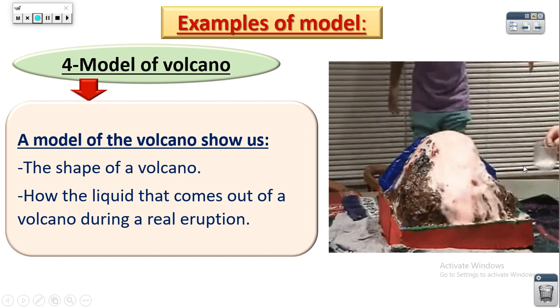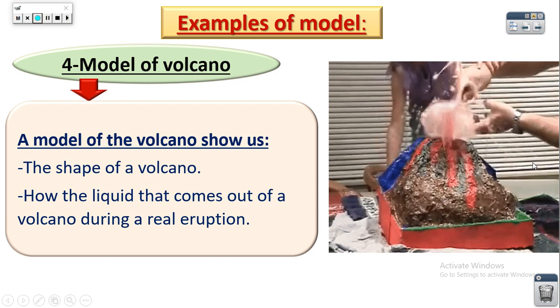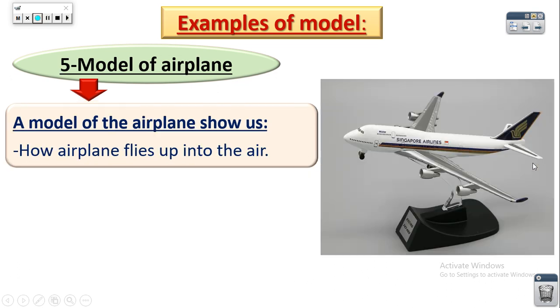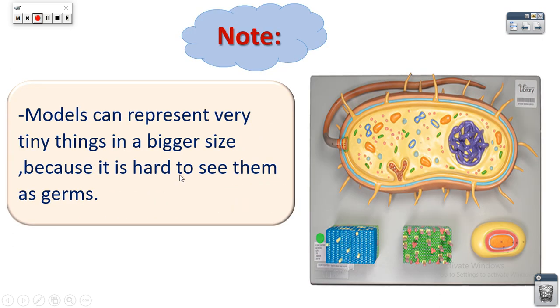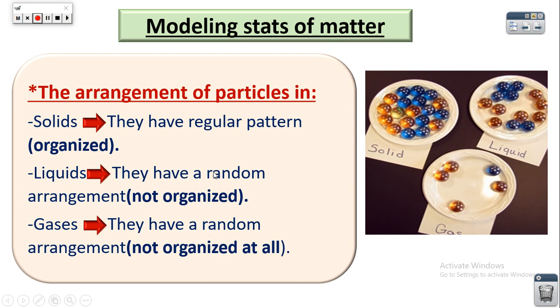So, the model of the volcano shows us the shape of the volcano and how the liquids come out from it. Model of airplane. The model of an airplane allows us to know how the airplane flies up into the air. As we said before, a model can represent very tiny things in a bigger size, such as a germ.